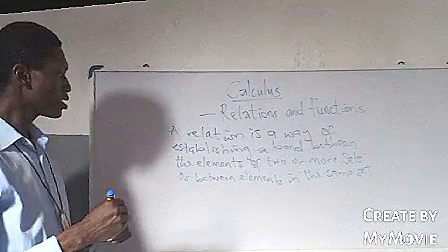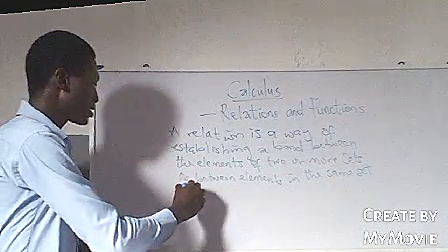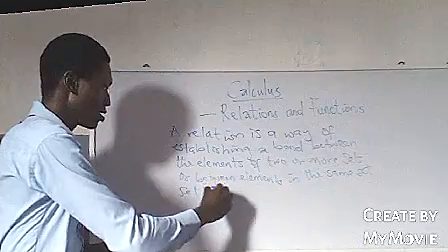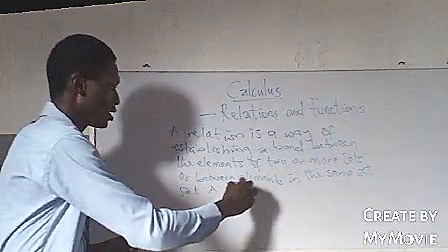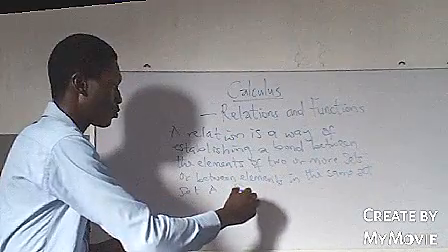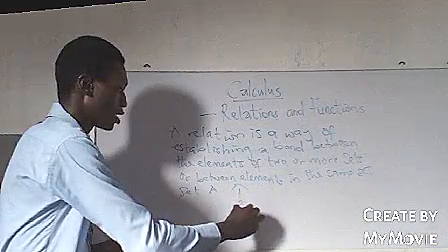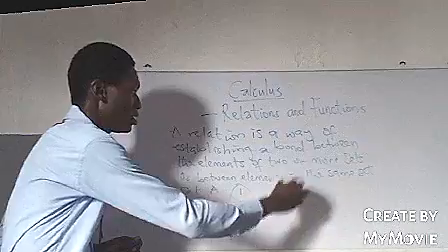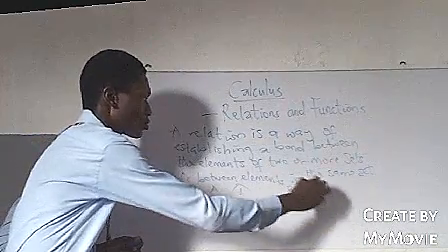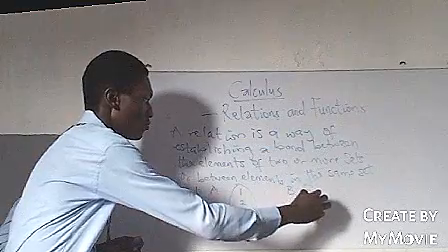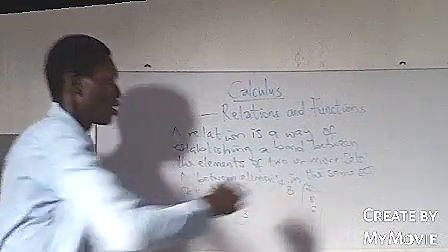So for example, if we have set A, and let's assume set A is made up of 1, 2, and 3, and set B is made up of, let's say, 4, 5, 6.